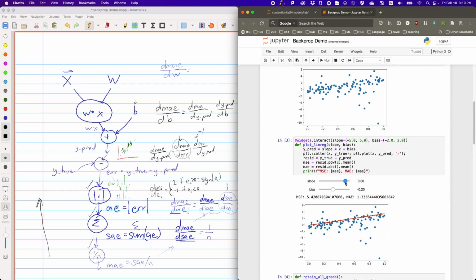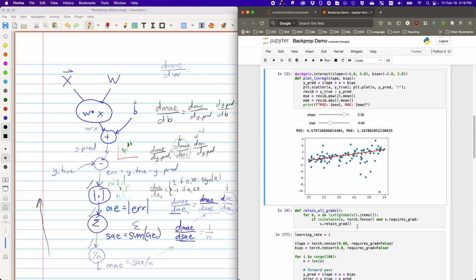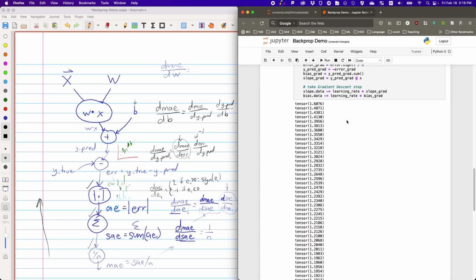Okay, I can't get quite there, maybe minus 0.7. Okay, so there's our line, our best fit line. All right, there we go.